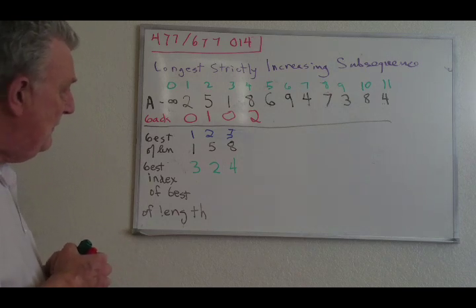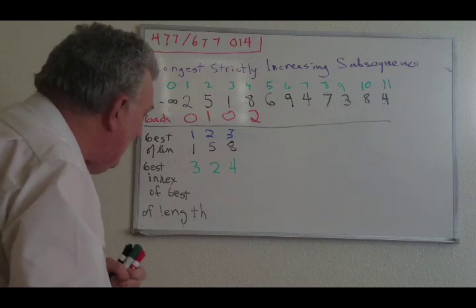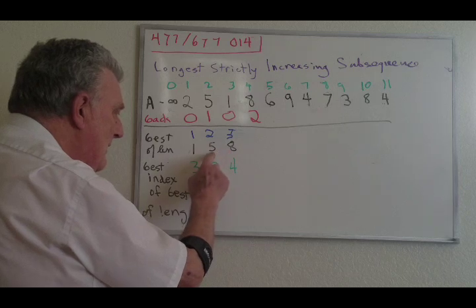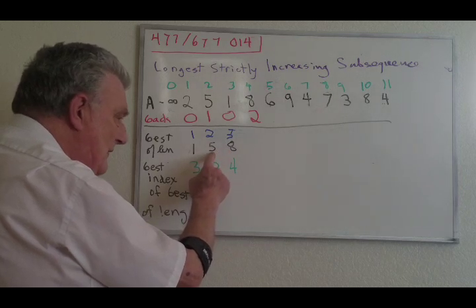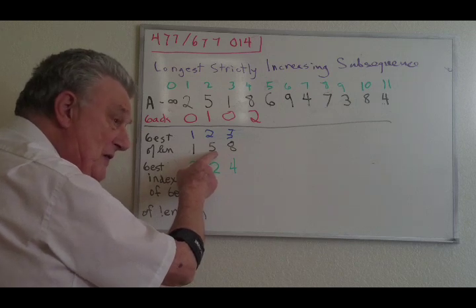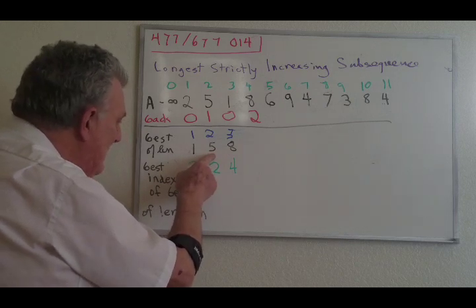All right, now let's go to the next one. The next one is a 6. You take this 6 and you compare it to these, and you ask, as I move to the left, what's the first number that's less than 6? The answer is 5.